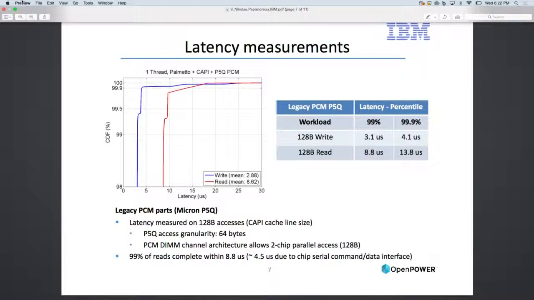So we obtain very low write and read latency with mean values of 2.9 and 8.7 microseconds, respectively. And I would like to stress the small variance of the measurements. So in particular, 99% of the reads complete within 8.8 microseconds, out of which 4.5 are due to the serial command and data interface of this particular chip.